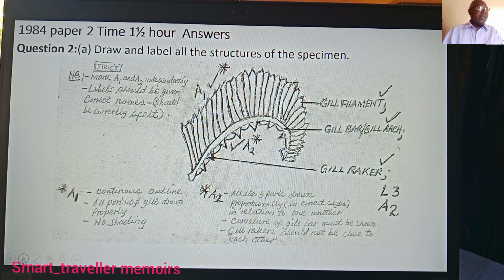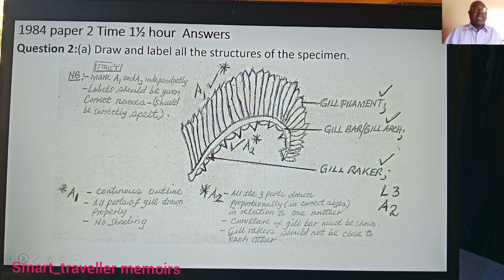Now let's dive into question number 2. Drawing and labeling all the structures of the specimen. And the drawing is there. And we have even shown where you put the marks for accuracy. Then you have the labels from the top.